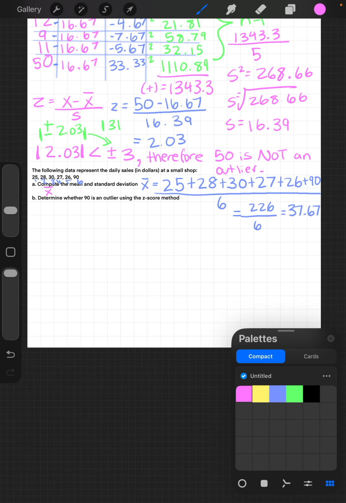Anyways, now we're gonna do the table again. So I have x, x minus x bar, x minus x bar squared: 25, 28, 30, 27, 26, and 90.